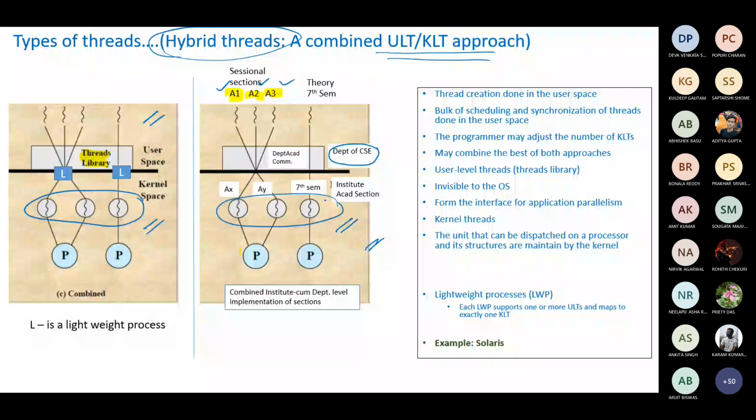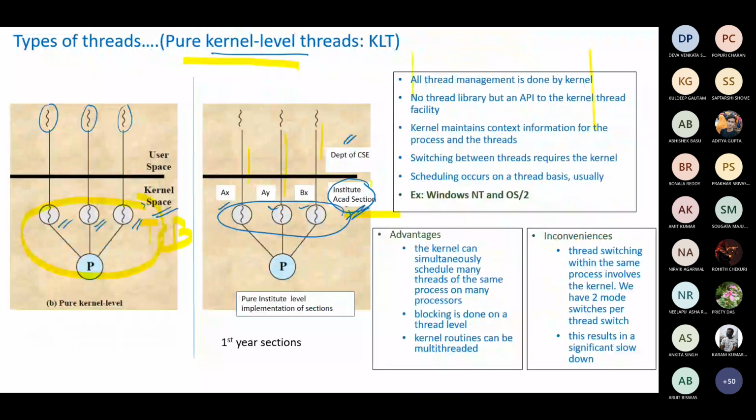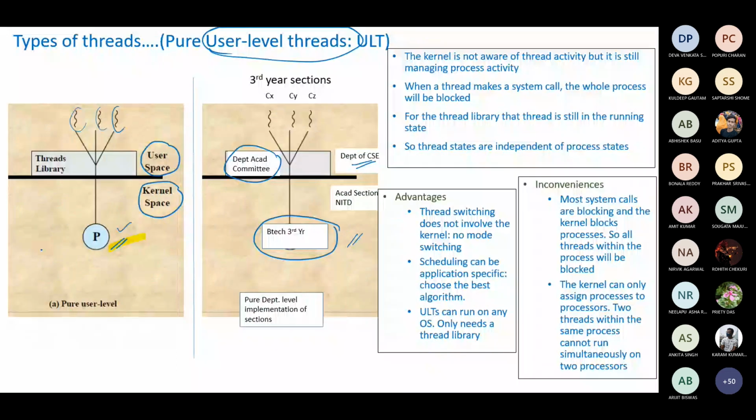But in this case, the kernel is not aware of multiple threads. So the kernel is scheduling just a process. So if you have ULT, can you exploit the presence of multiple cores? No, sir. So got this point? Yes.